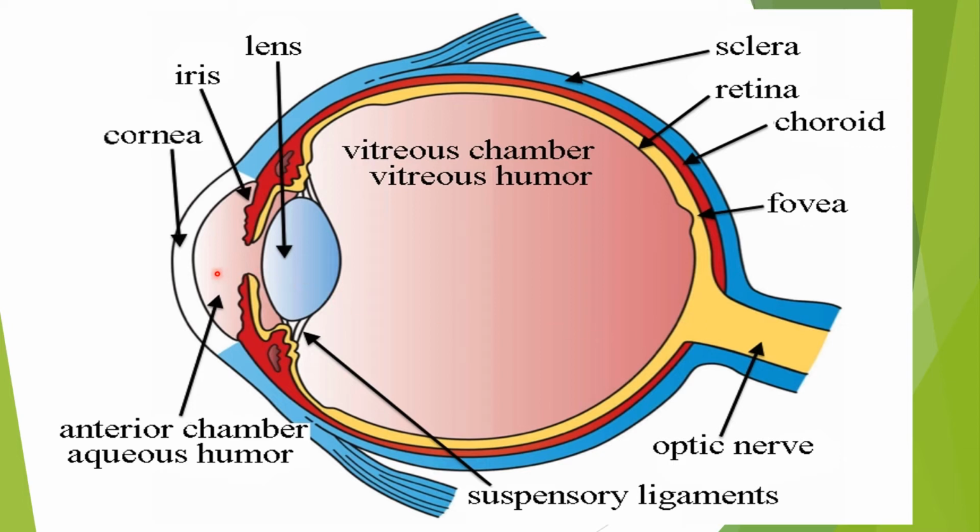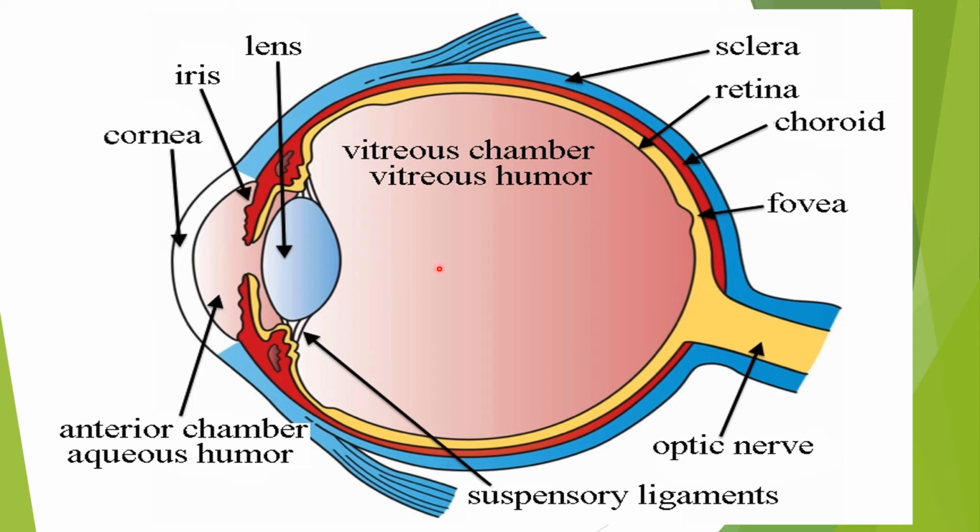Now, aqueous chamber, the anterior chamber, as I told you, it is filled with a fluid which has got watery consistency called aqueous humor. Aqueous humor, besides acting as a refracting medium, also keeps the lens moist.